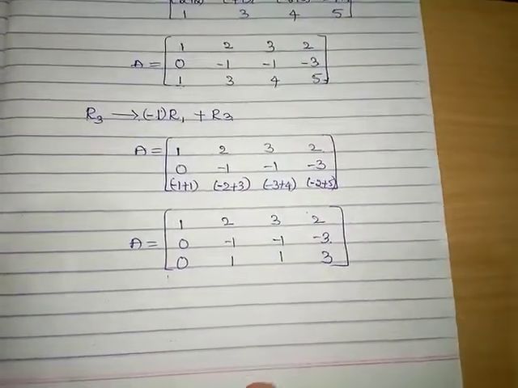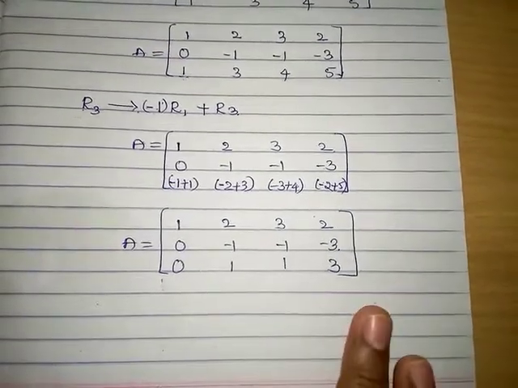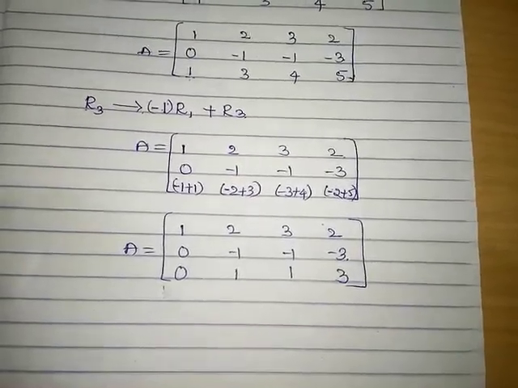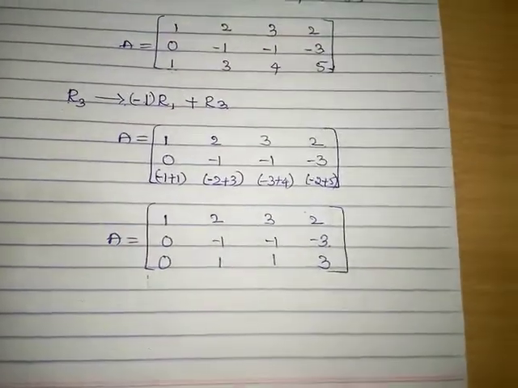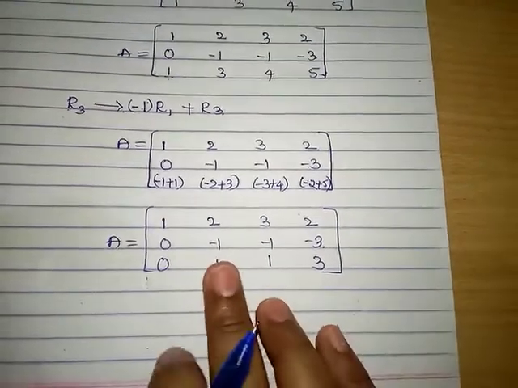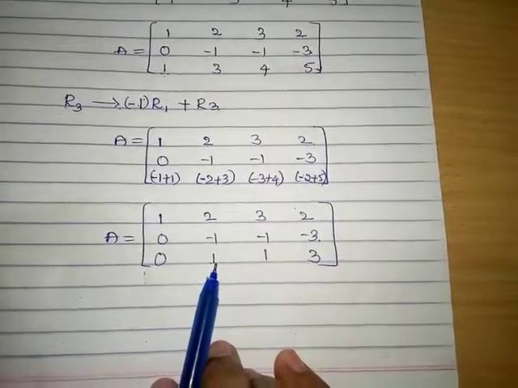Next we try to reduce the last row elements to 0. We know that we have to reduce this matrix to echelon form. According to echelon form, this element should be 0. Okay.